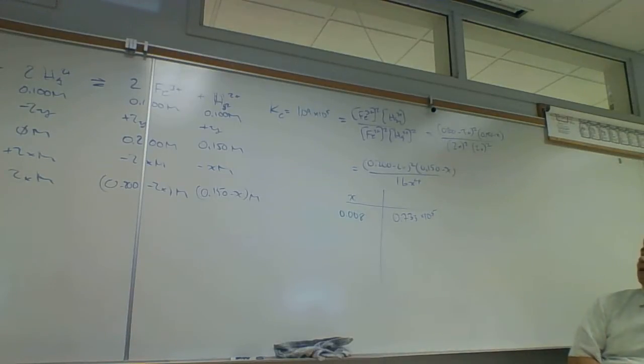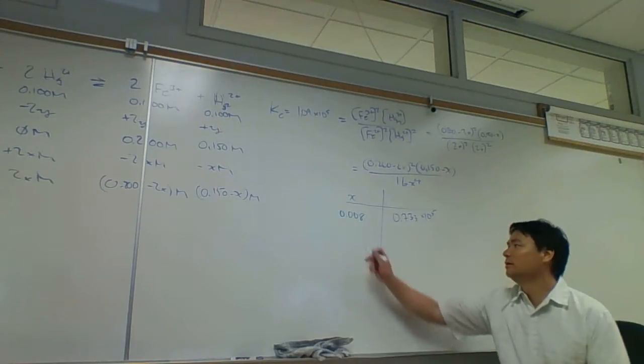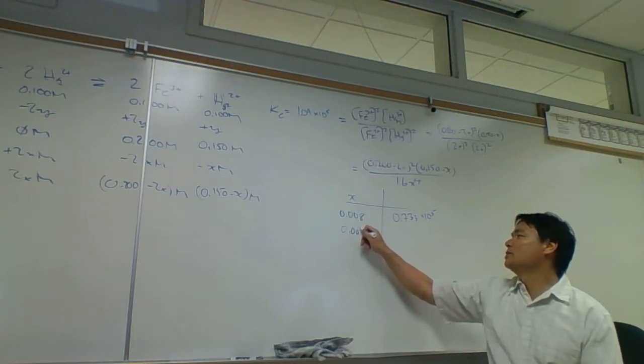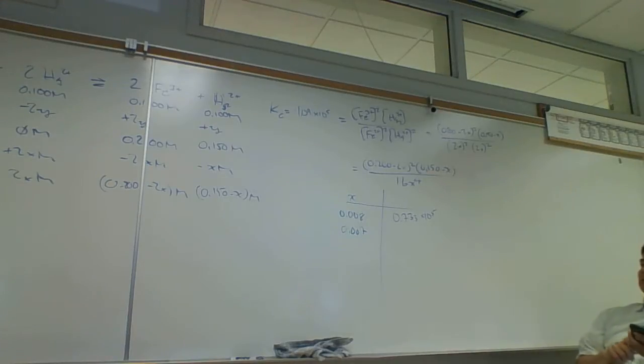So we're a little low, right? And so should we make x bigger or smaller? I got 3 smaller, so let's go smaller. 0.007. And so let's try it here.